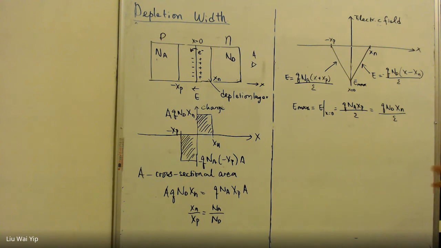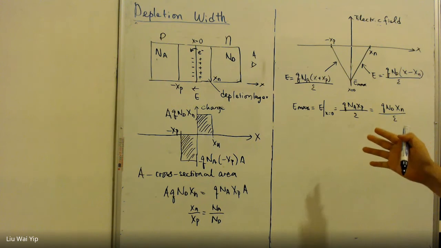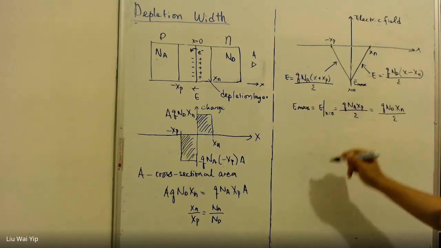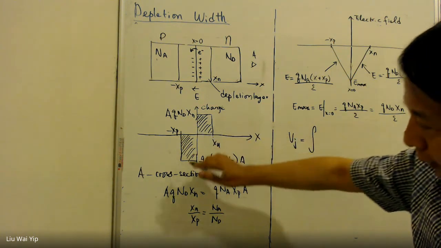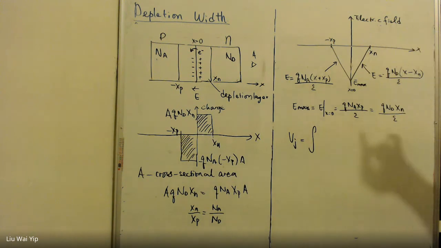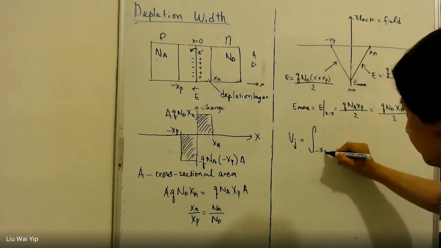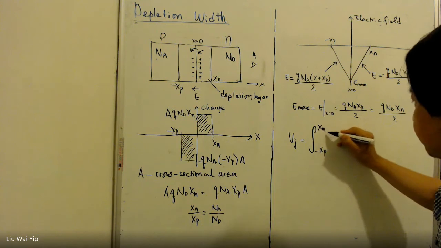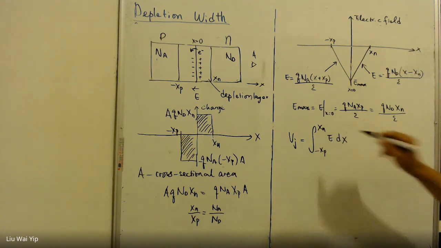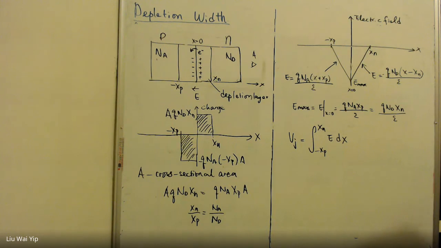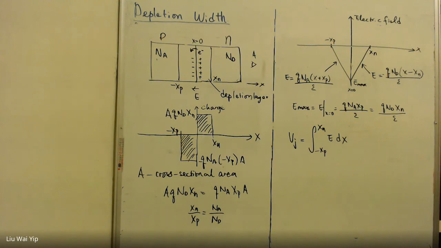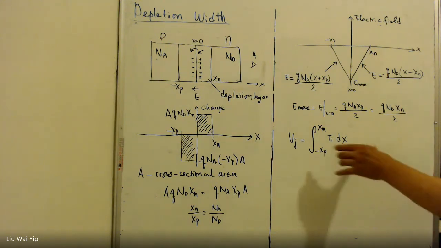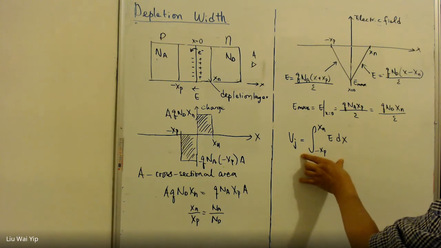Now, the next thing that we are going to do is to work out the junction voltage. The junction voltage should be calculated by integrating the electric field from minus xp to xn. It integrates the electric field against x, and that's all. Now, the integral expression looks difficult.